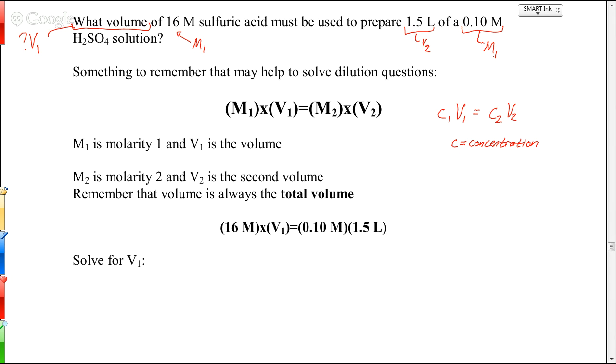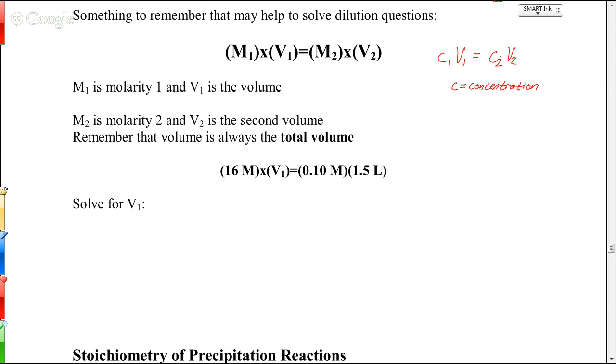So that's M2 or C2. We plug those into the equation as shown here. Solve for V1, so V1 is going to be, in this case, 9.4 times 10 to the minus 3 liters, or 9.4 milliliters.